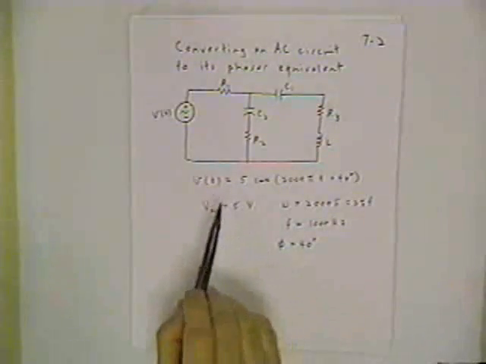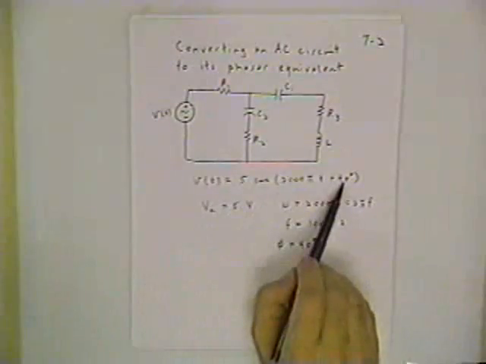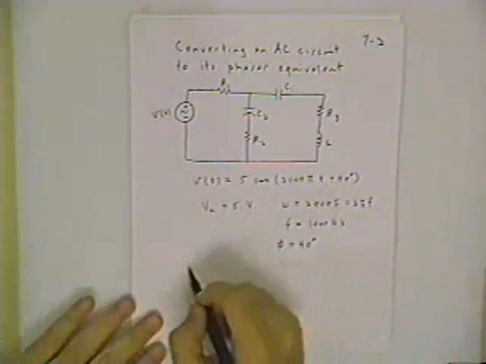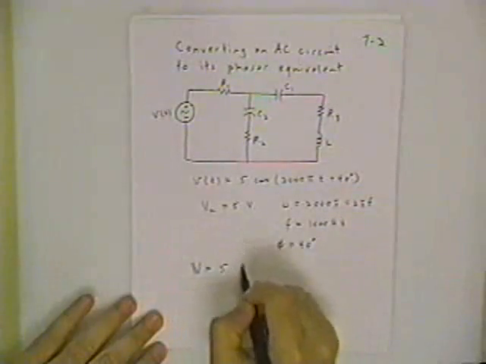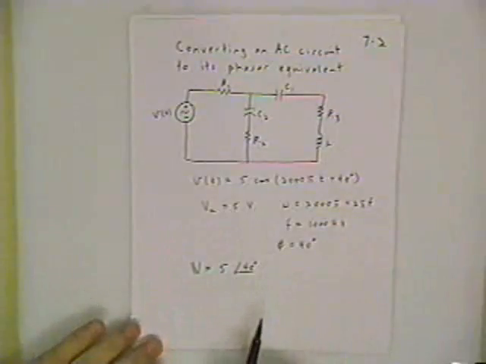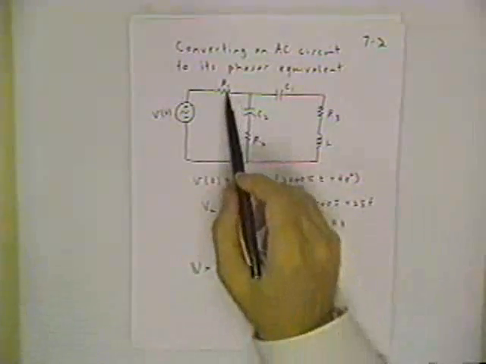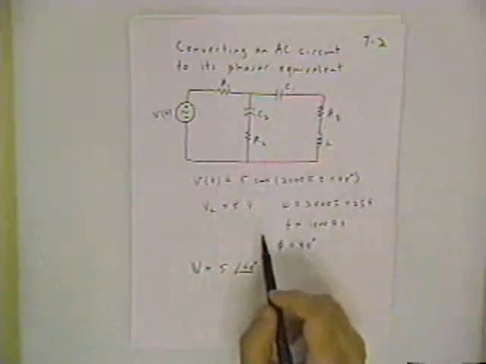But now remember how we formed the phasor is just to take the amplitude and the phase angle part. So if we make this V phasor equal to 5 at angle 40, the impedance for each of the resistors is just the resistance R1, R2, R3.